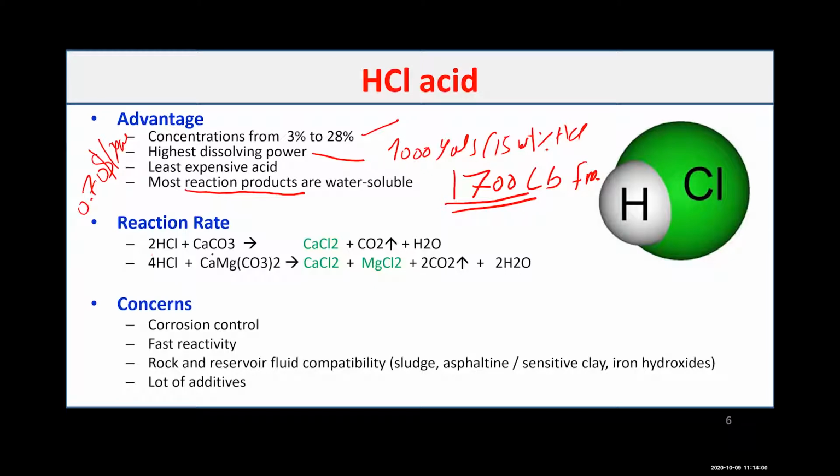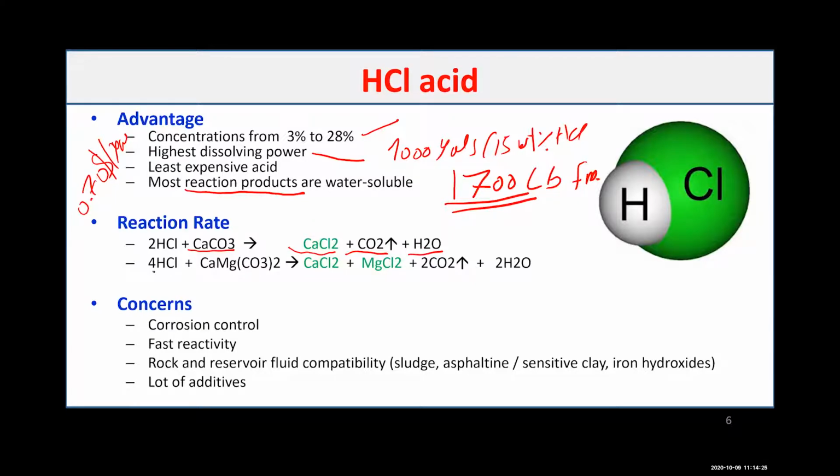The first equation, when HCl reacts with the calcium carbonate, which is the carbonate formation, you can see the reaction product is calcium chloride, which is a salt, CO2, and water. Calcium chloride is a salt known with high solubility, so it's completely soluble in water. So we don't have any precipitation issue when we are using calcium chloride.